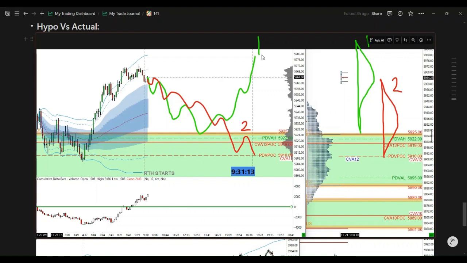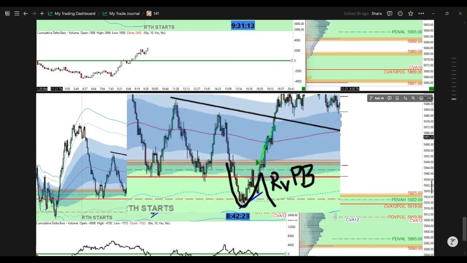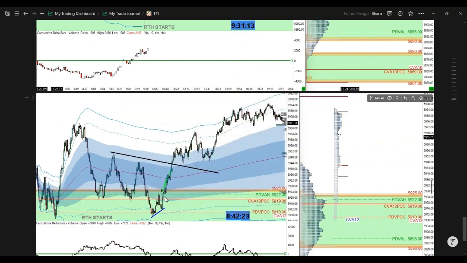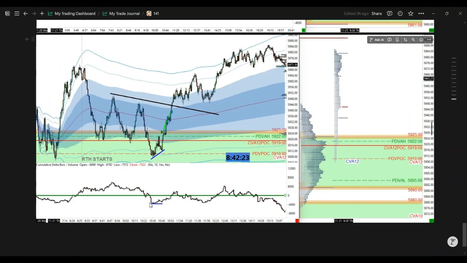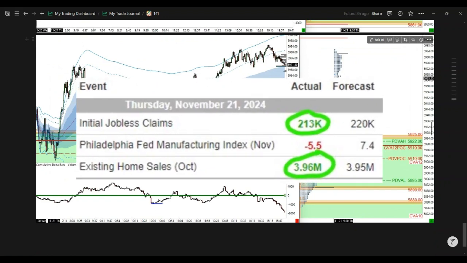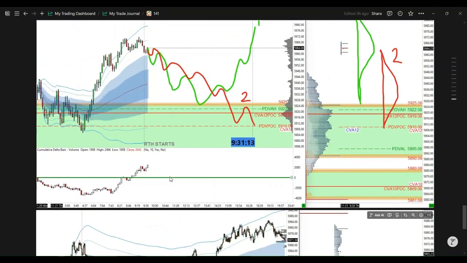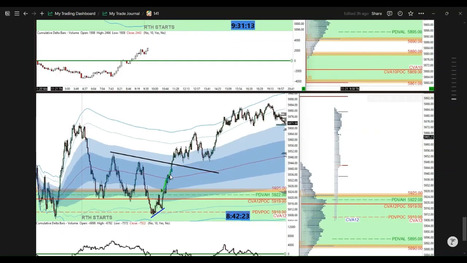Even though the market had given the RVPP below my list, which is CVA 12 high, not only that, as you can see, the cumulative delta bar chart versus the VWAP chart says that there were no sellers. Almost all sellers were gone. The time to enter the buyers, as you can see, I marked with a blue line. So the macroeconomics event results are bullish, the VWAP chart versus delta chart says there were no sellers, and the market condition was even balanced.